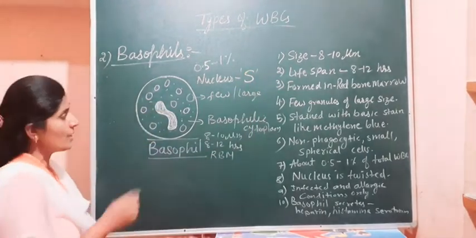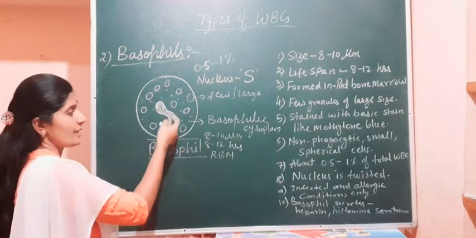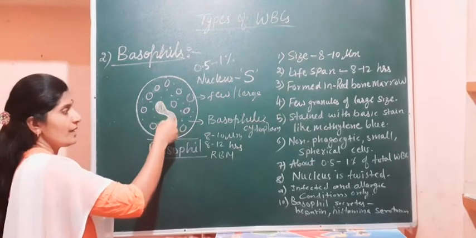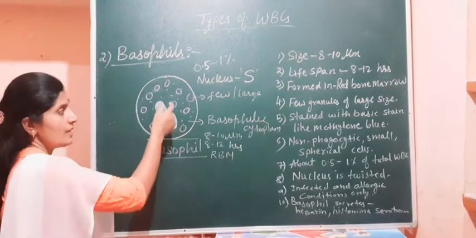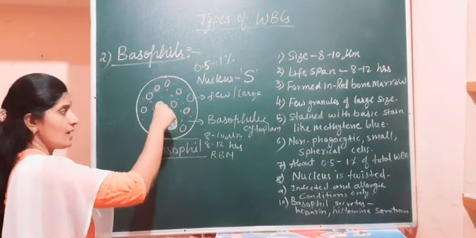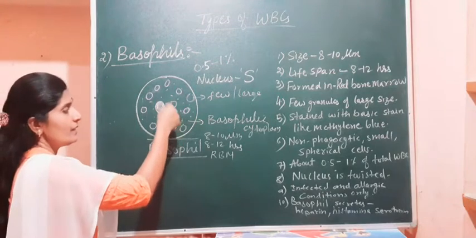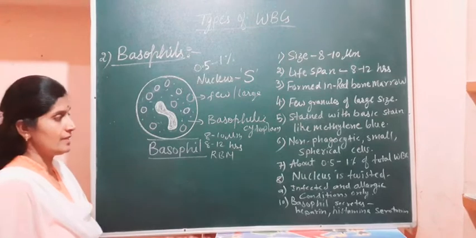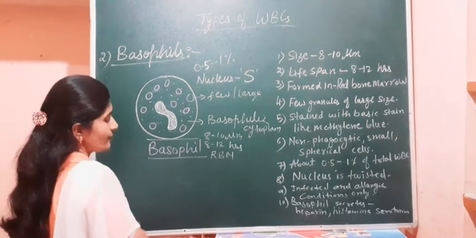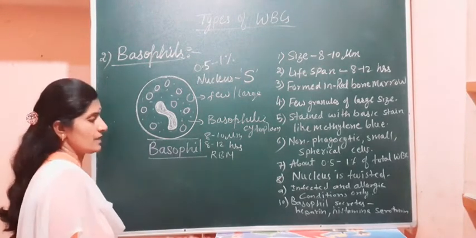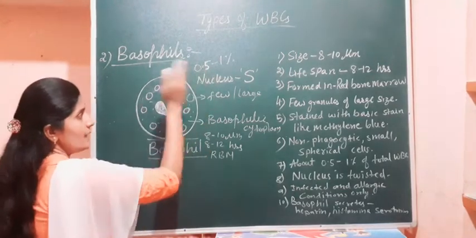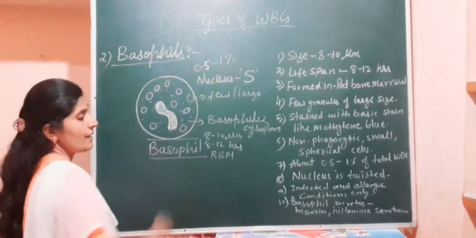Twisted nucleus is present. It is not circular or lobed, so it looks like a twisted one. Roughly, not exactly, but roughly we can say it looks like the letter S.